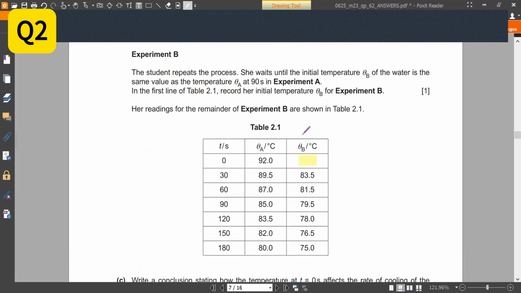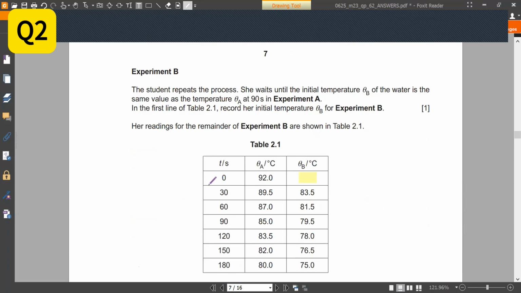We have some results here, taking temperature readings from 0 to 180 seconds. As expected, as time goes on the temperature decreases because we are cooling towards the room temperature. Then the student repeats the process.